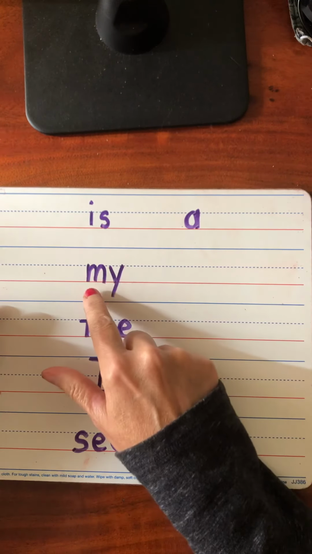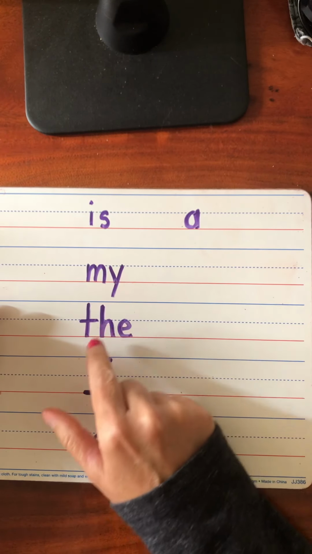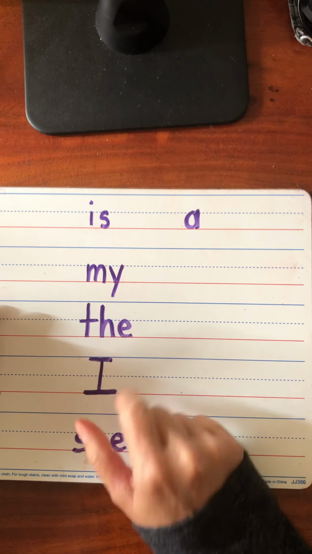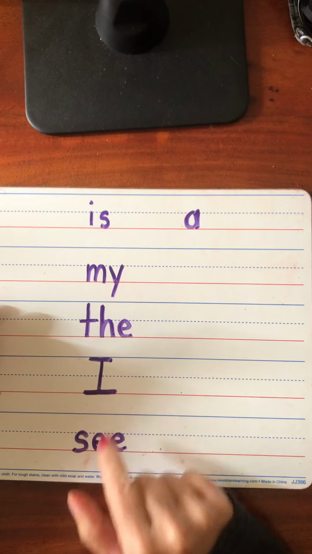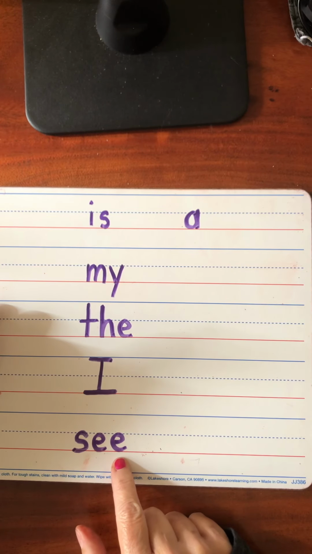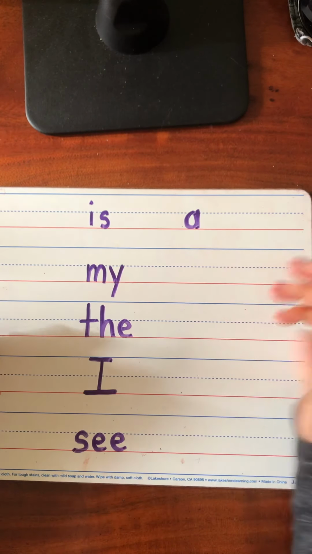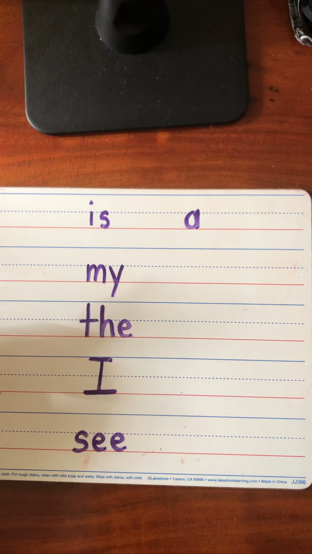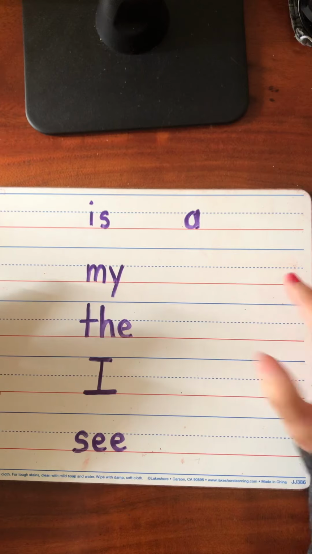Is, my, the, I, see, A. And now that you have them on your piece of paper, you could go back and read them with someone in your family. And you might want to read them out of order at times, so you know that you're not memorizing the order.